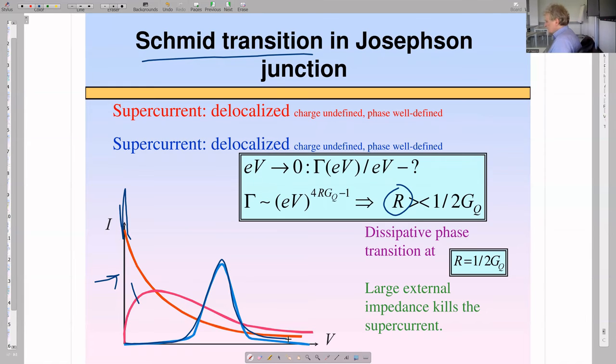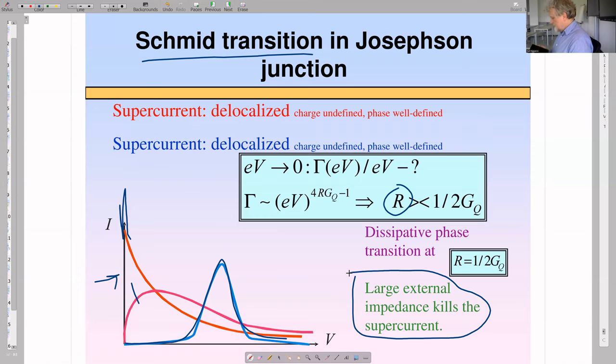So this is the conclusion. Large external impedance eventually kills supercurrent in a Josephson junction, kills coherence of Cooper pair transfer.